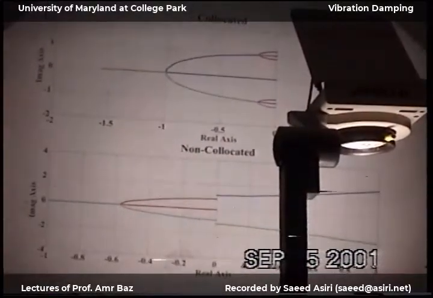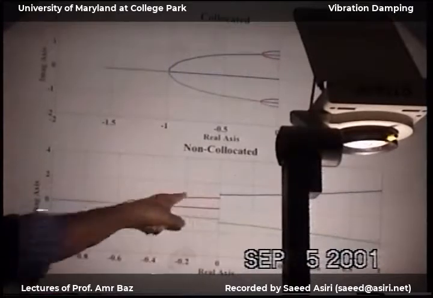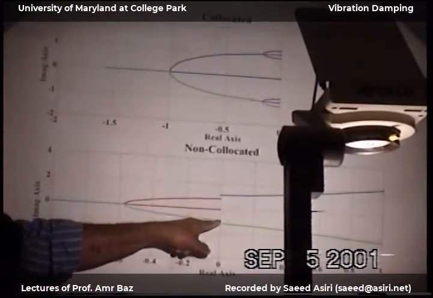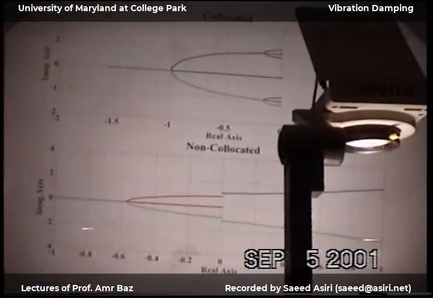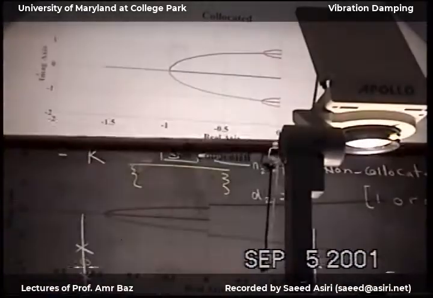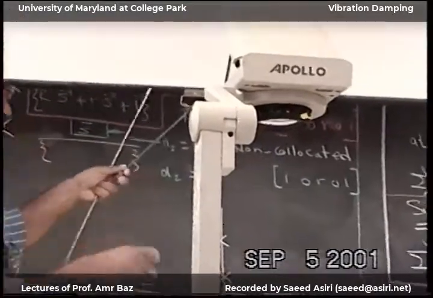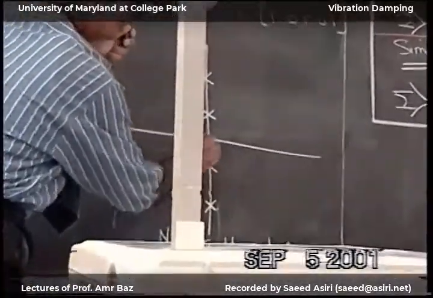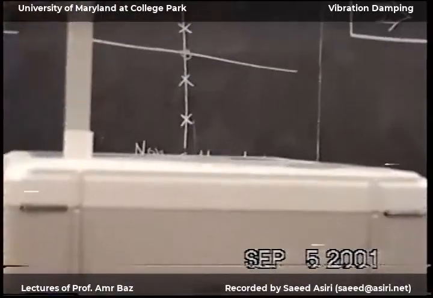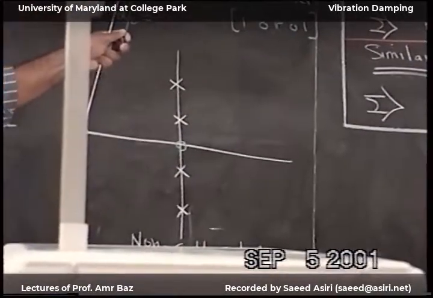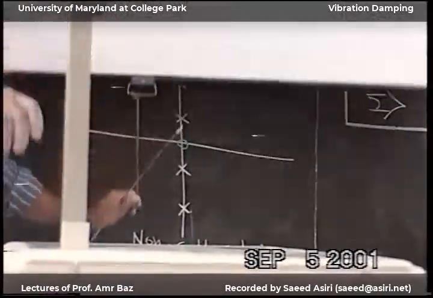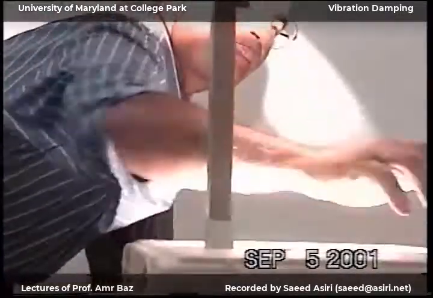Here, it has 4 branches, from pole to 0. Here we have 4 poles, but I only have 1 0. So only one branch will be clear on the map. The other branches will try to find the zeros at infinity. And that's what happened here.